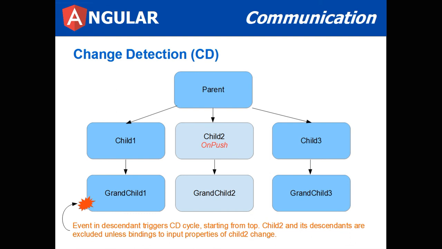Okay, so the large picture is this. You have an application. It has a parent. You have child 1, 2, and 3, grandchild 1, 2, and 3. And an event in the descendant triggers this change detection cycle, starting from the top. Child 2 and its descendants are excluded unless bindings to input properties of child 2 change.